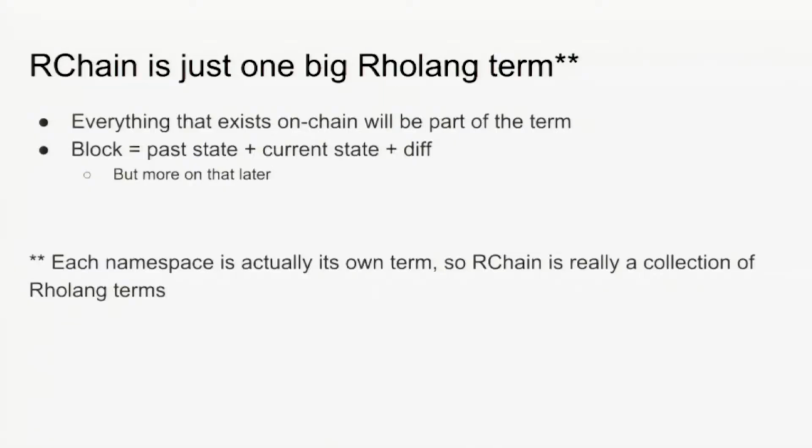So what is the state for the RChain blockchain? The state is one giant Rholang term. That's it. So it's interesting, though. Mike and I sat down and we realized that there's a subtle distinction between, like, a lot of times in pi calculus, you're given one giant term, and thus shall it always be, and then it reduces.